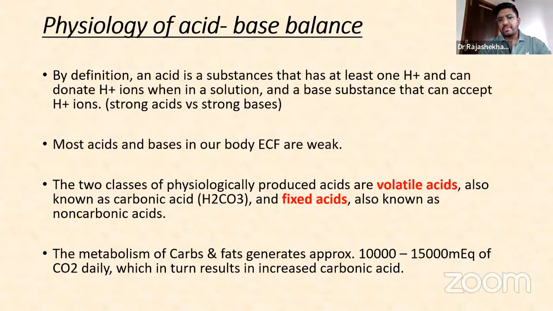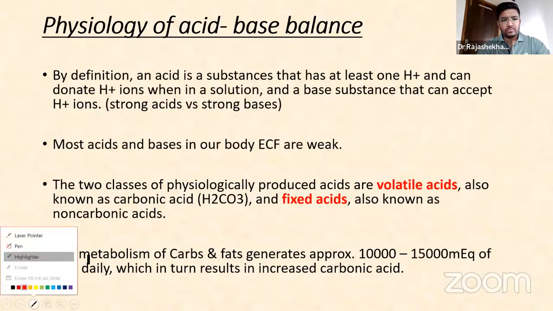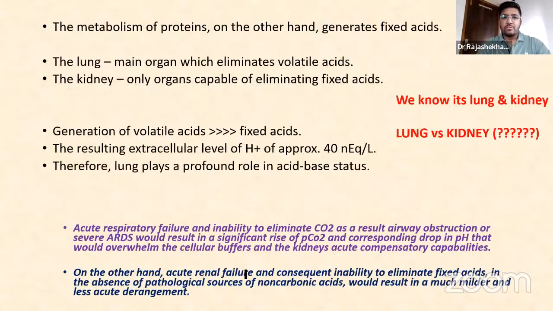Whereas the fixed acids have to be excreted only by the kidneys. These cannot be excreted through the lungs. The volatile acids are mainly produced by the metabolism of carbohydrates and fats, whereas the fixed acids are usually generated by the metabolism of proteins.